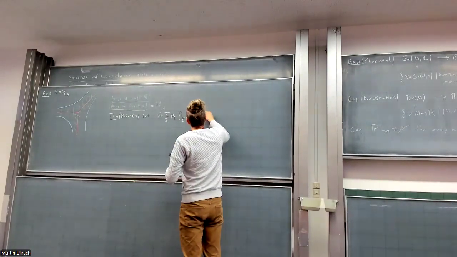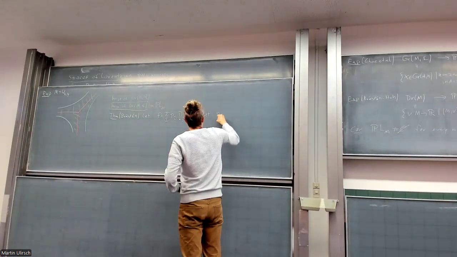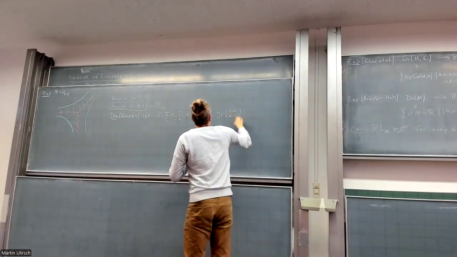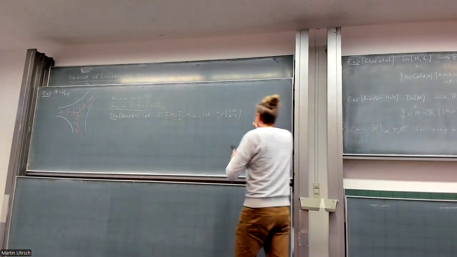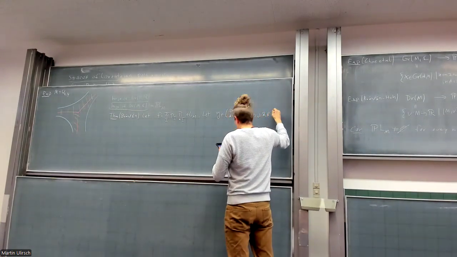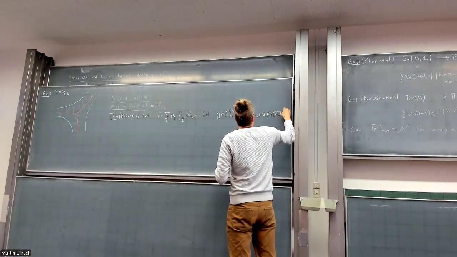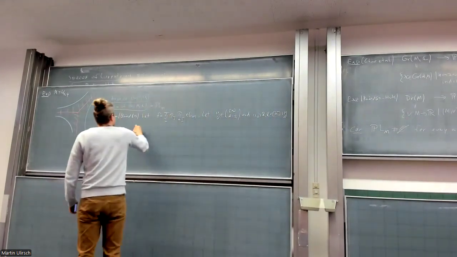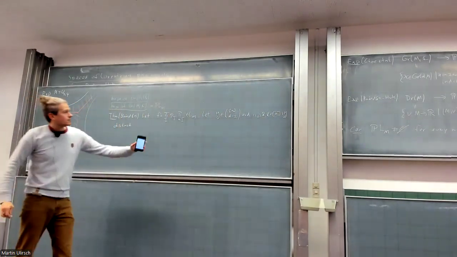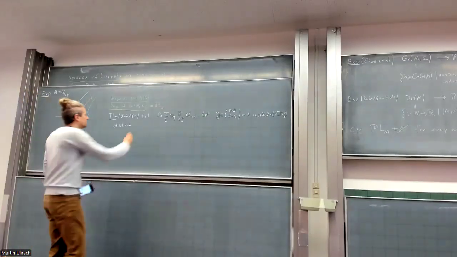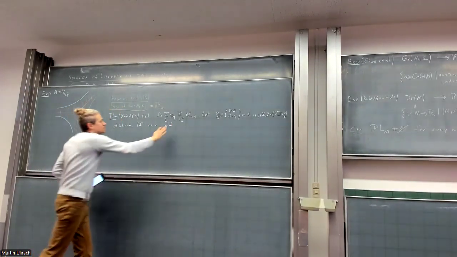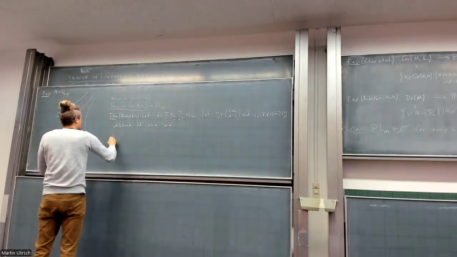Namely, we let J be some d minus 2 element subset, and some further indices I, J, K, L. Then one of the following 3 real numbers.